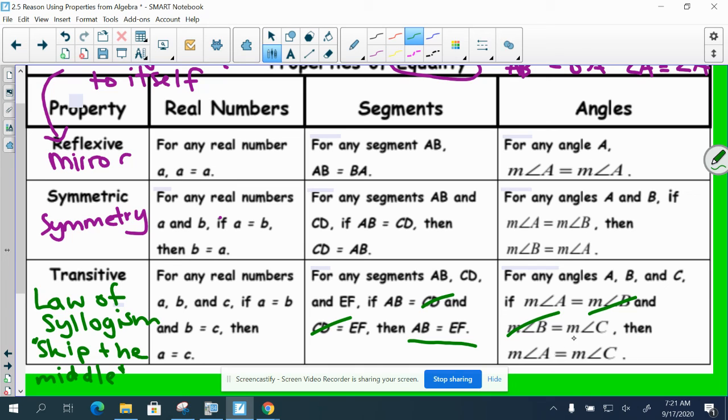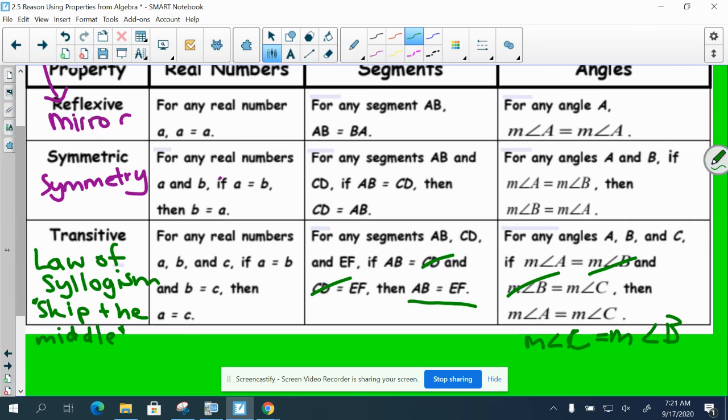Now, remember that it does not matter if they say the measure of angle C is equal to the measure of angle B. In this case, this is equality. For the law of syllogism, the order did matter. But for this type, based on the symmetric property of equality, we can switch these around, so it would not matter what order they're in.